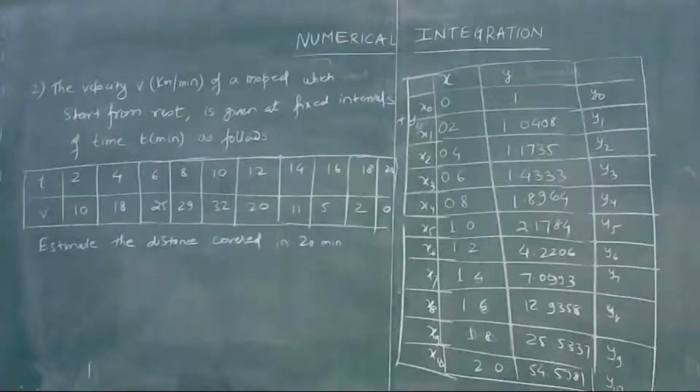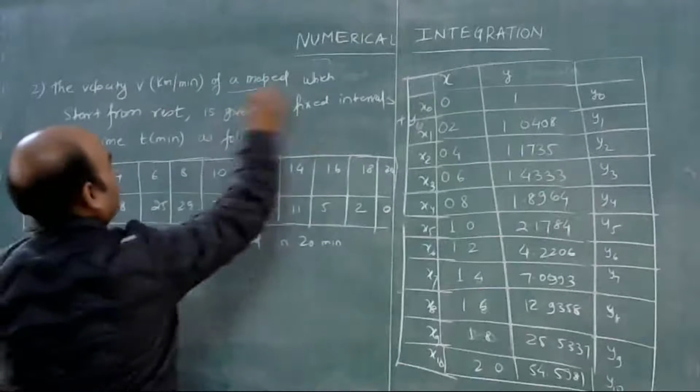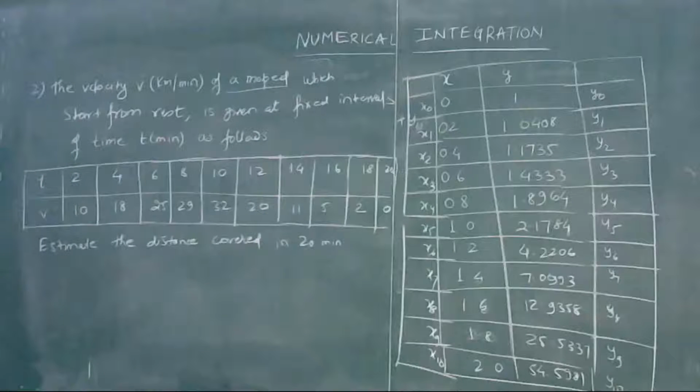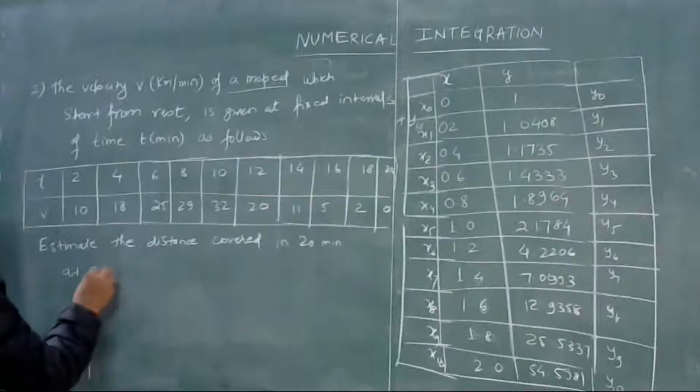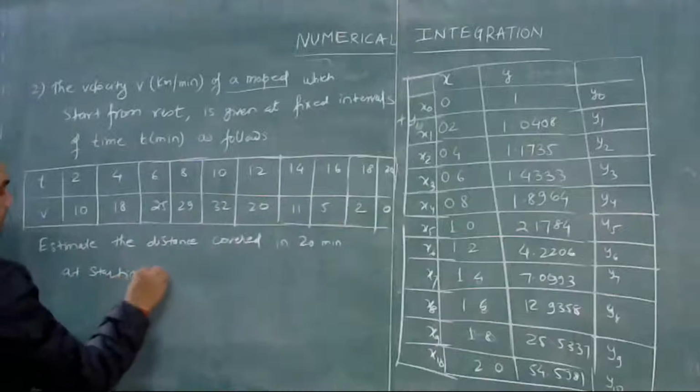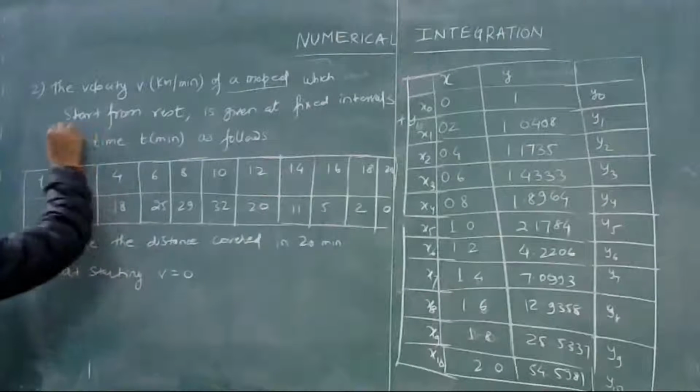Okay, so you have to find the distance covered by this moped, which is moving with this velocity at different intervals. At the starting, v is equal to 0, so it starts from rest.